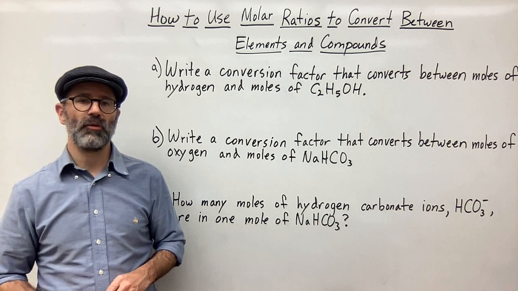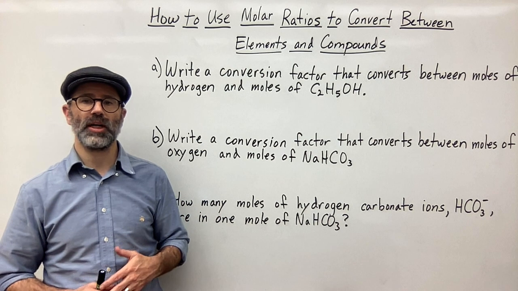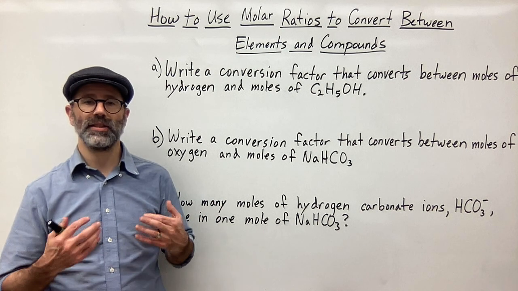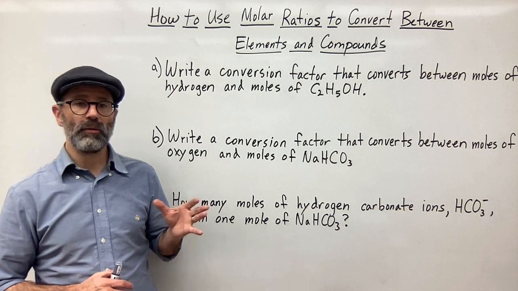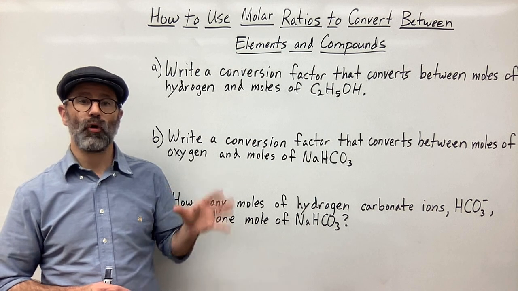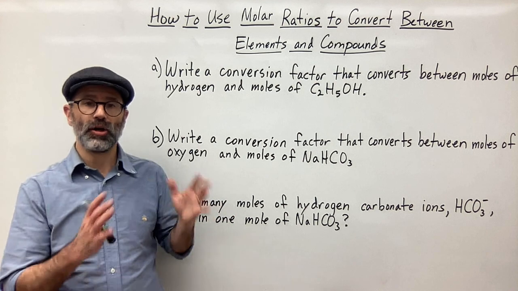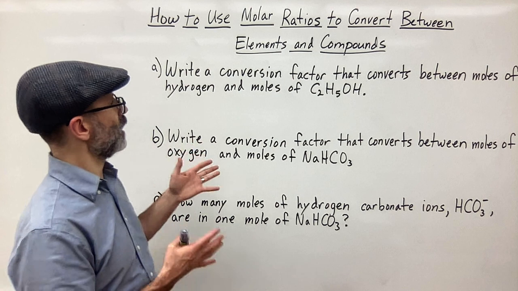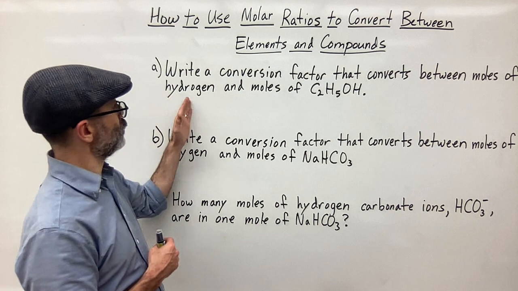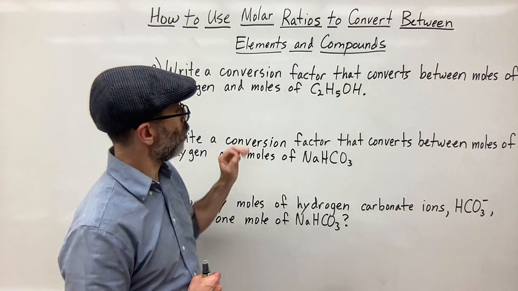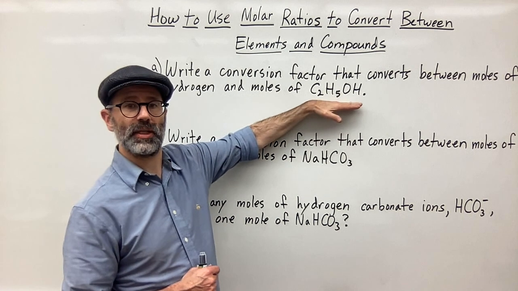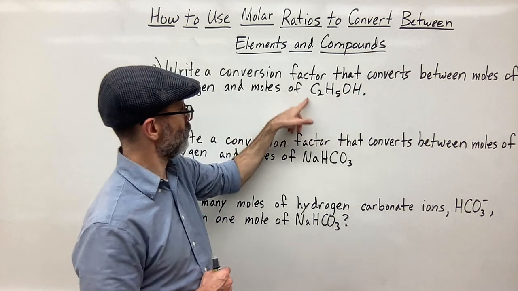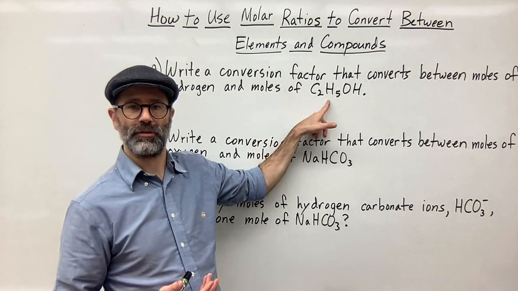So for A, we are asked to write a conversion factor that converts between moles of hydrogen and moles of C2H5OH, which is ethanol. The way we're going to find the mole ratio is to look at the formula itself. The ratio of the particles to themselves is the molar ratio. If we have one of these, then how many hydrogens do we have in the formula?